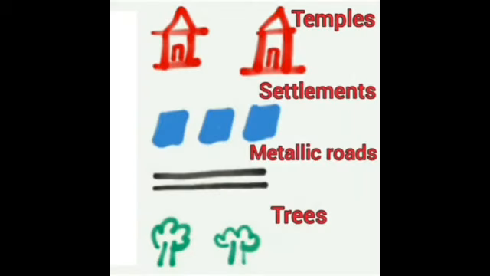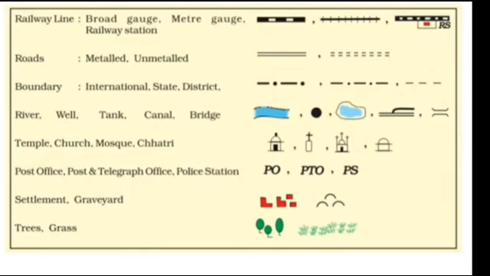Let's have a look at some of the conventional signs and symbols which are very common and used. This sign stands for a temple and this one is used for settlements. To show metallic roads, we show this symbol and this one for trees. Some of you might find it difficult to learn and may think about how to memorize them.